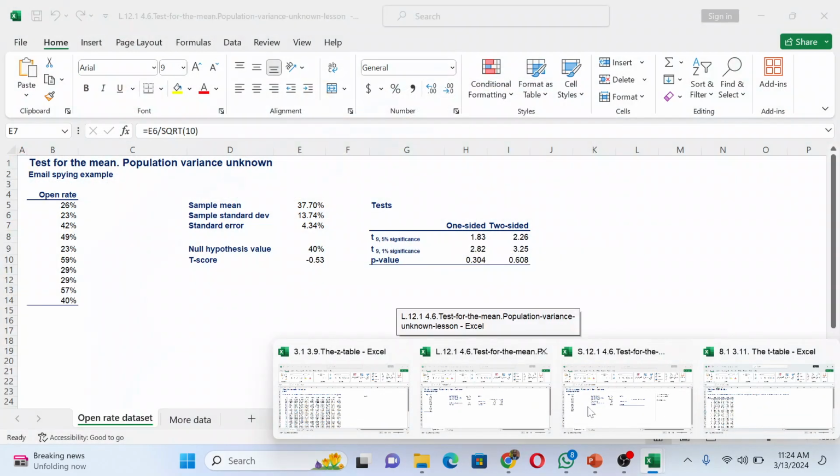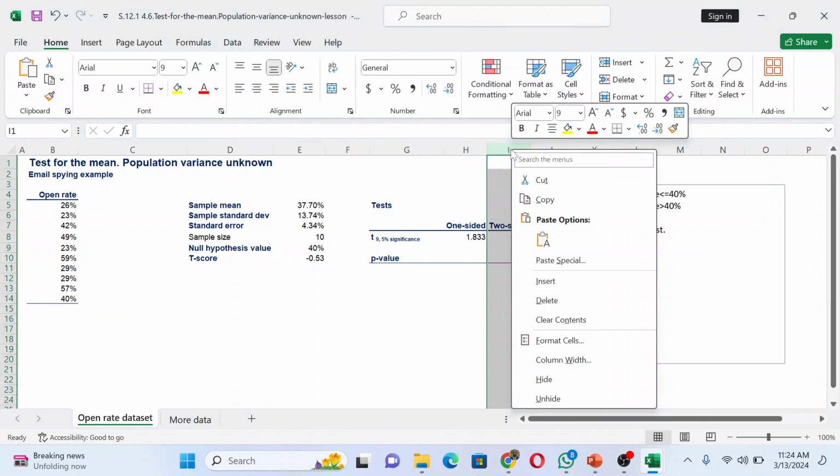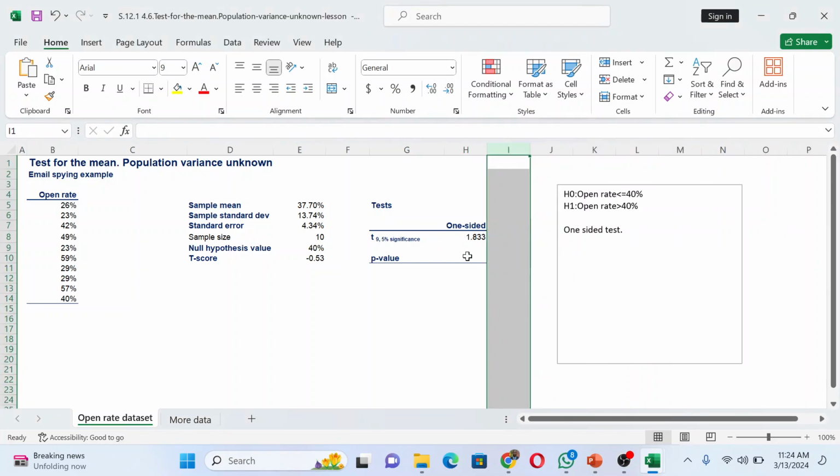It is 1.833. So leave alone the two-sided, we don't need it, because we are doing a one-sided test.